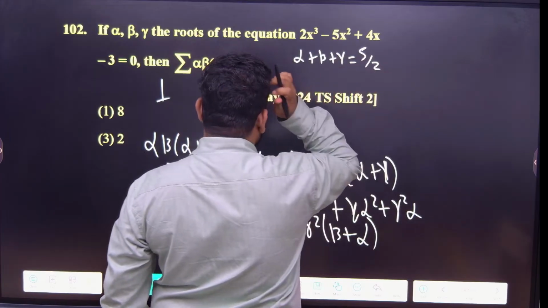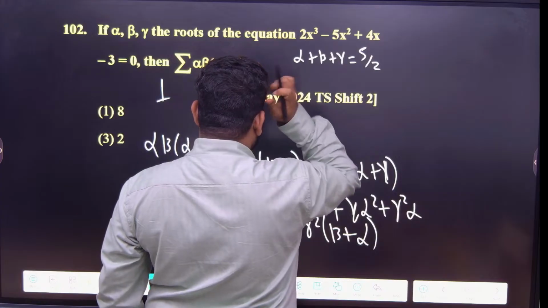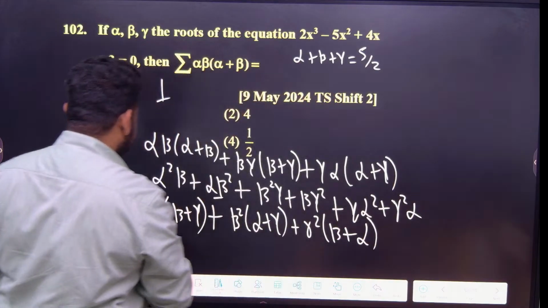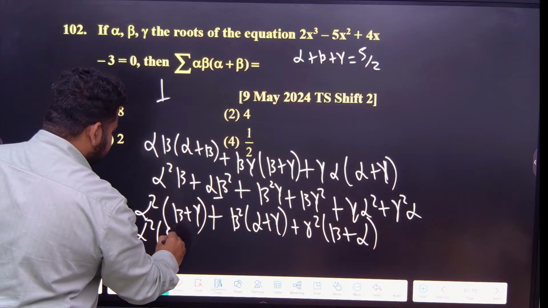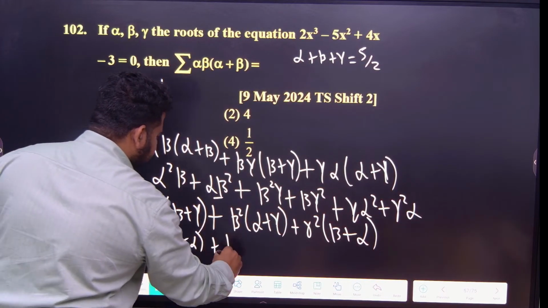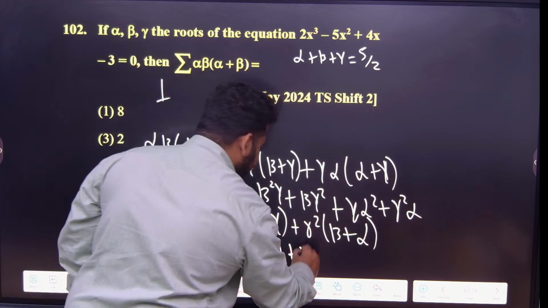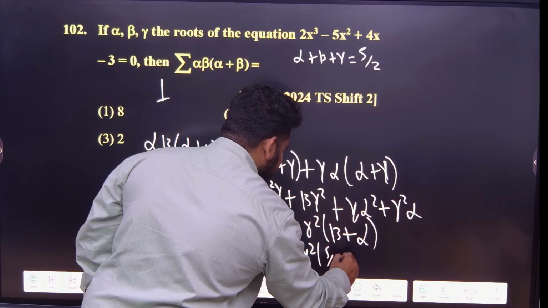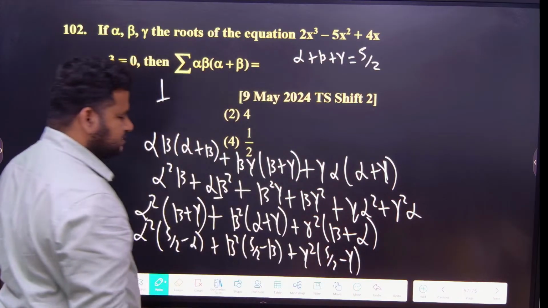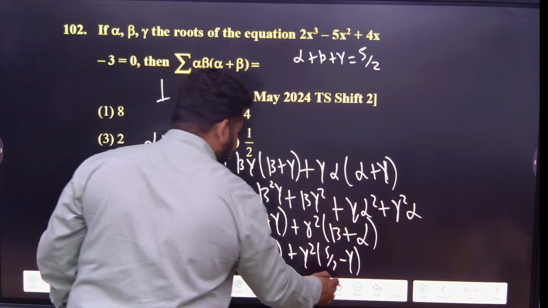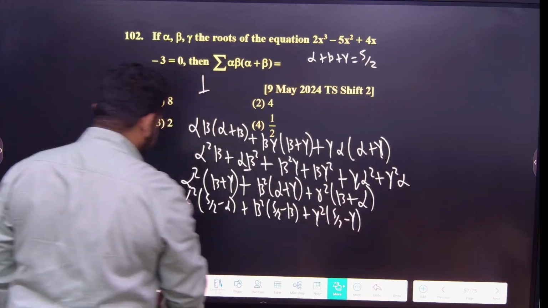So alpha plus beta will be equal to how much? Alpha plus beta will be 5 by 2 minus gamma. So this will become what? Alpha square into 5 by 2 minus alpha. Beta square into 5 by 2 minus beta. Gamma square into 5 by 2 minus gamma. That's all. Now further simplifying, what we will get? See, this is simple but it is calculative.